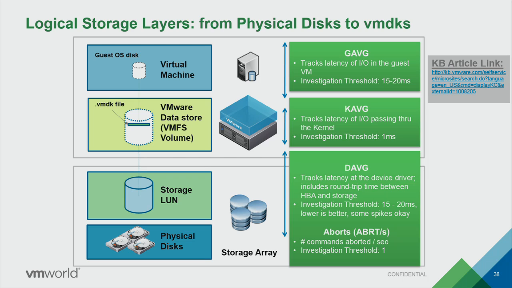G average is the I/O latency that the guest sees. K average is the latency of I/O passing through the ESXi kernel. D average, or device average, is latency at the device level, and it includes round trip time between the HBA and the storage.